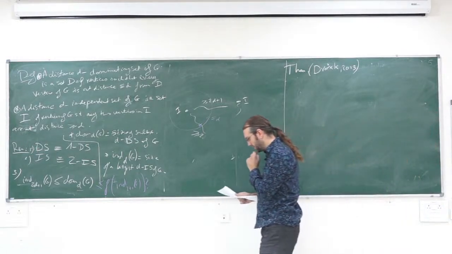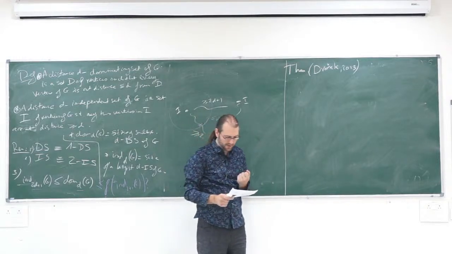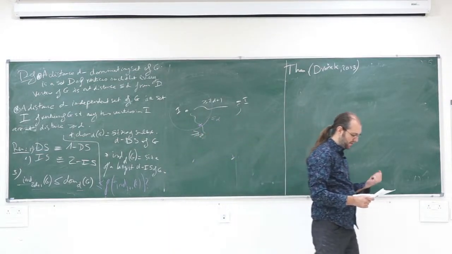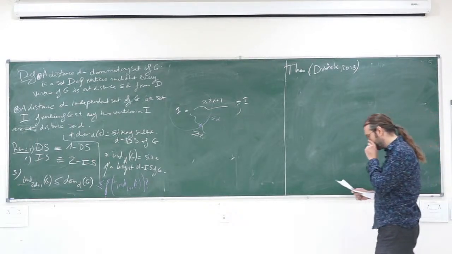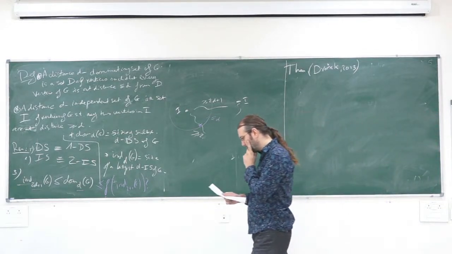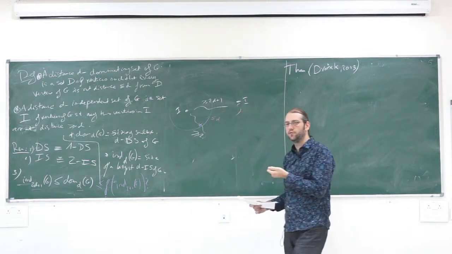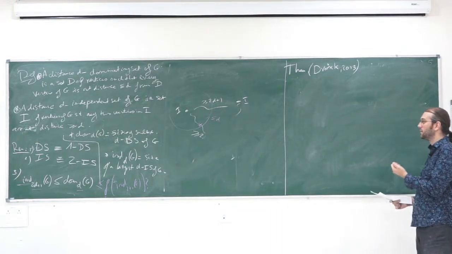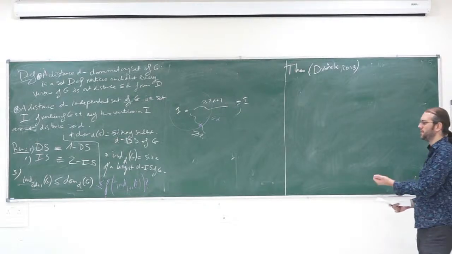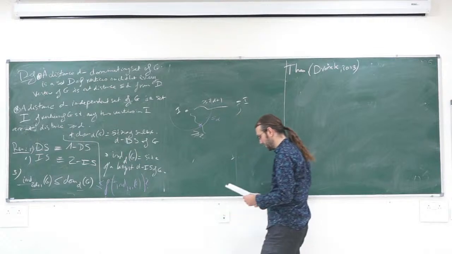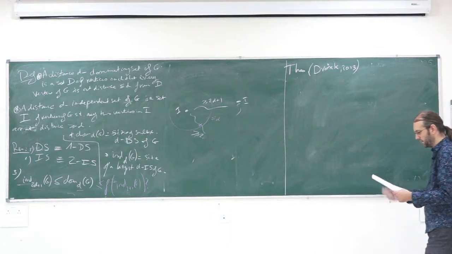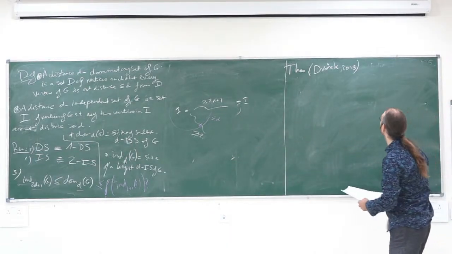So what did he say? He said that, look, if you have a G, and you have a recoloring sequence for 2d plus 1, then you can use this to build a dominating set and an independent set. I will give the precise numbers like this, and the independent set is not too large compared to the dominating set.